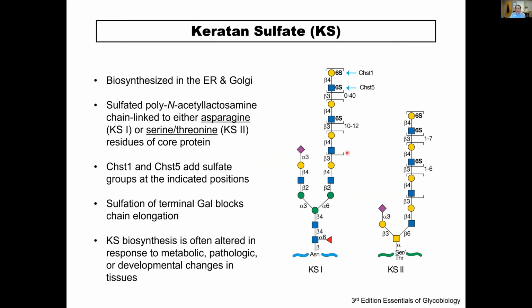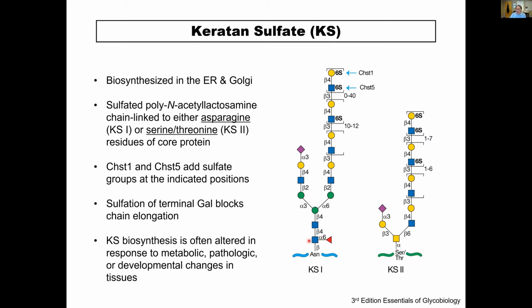Keratan sulfate is made up mainly of this sulfated polyacetyl-lactosamine chain. And what makes keratan sulfate very unique from the other GAGs is that you can have these branched structures, or, for instance, the other chain is capped with a sialic acid. There are two different types of KSs, type 1 and type 2.